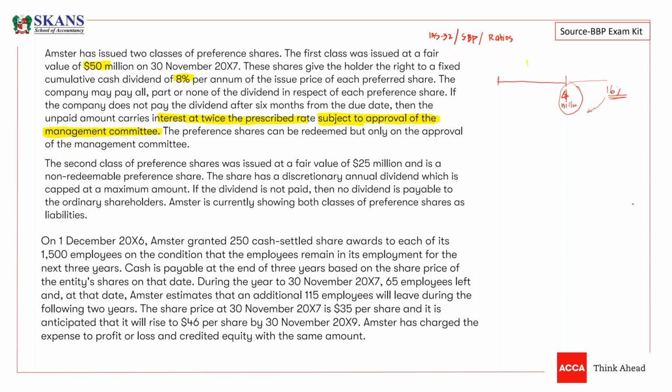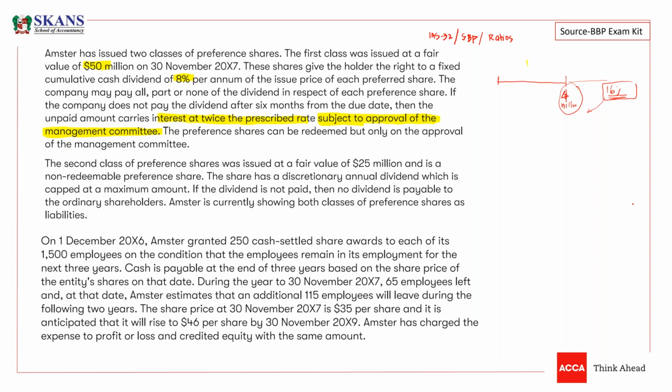But the most important line is subject to the approval of management committee. It means it's the management committee who will decide whether to pay or not. If you don't want to pay this double interest, then it's okay. You don't need to pay.